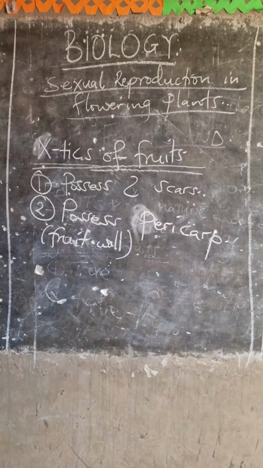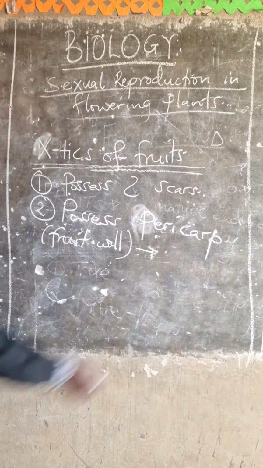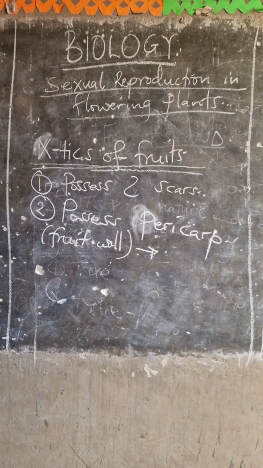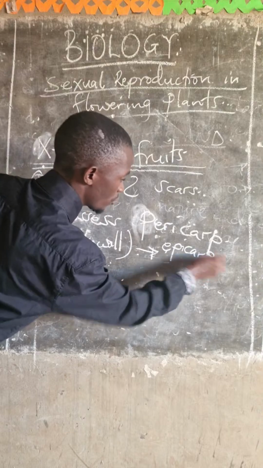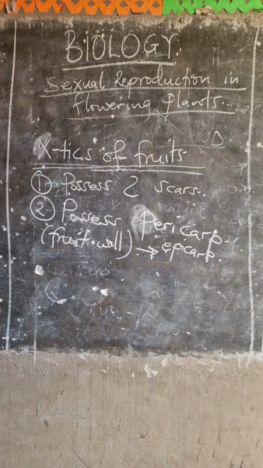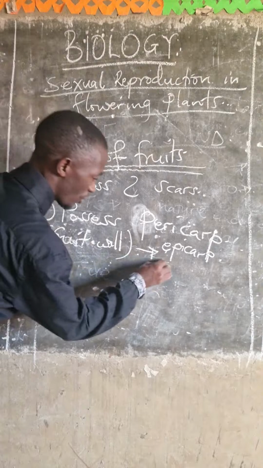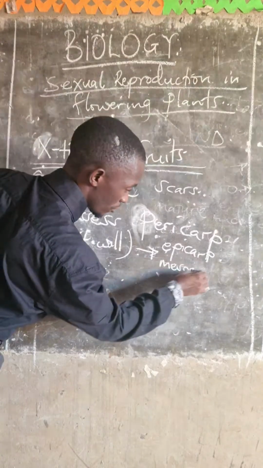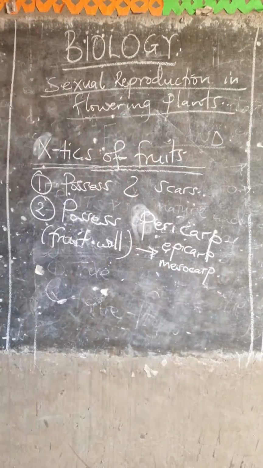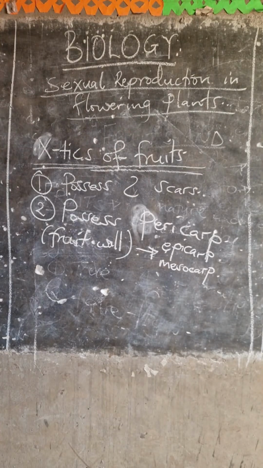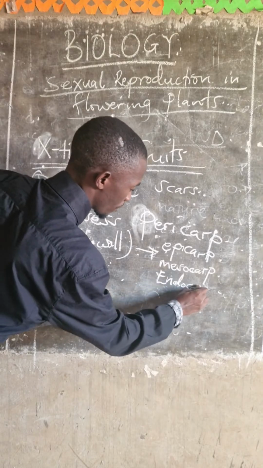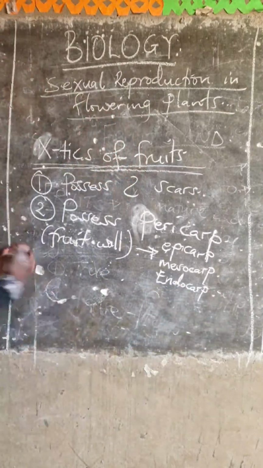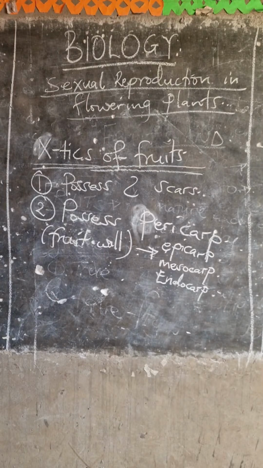And this fruit wall is made up of 3 layers in most of the fruits. It is made up of the epicarp, which is the outer layer of the pericarp, the mesocarp, which is the middle layer, and the endocarp, which is the innermost layer.